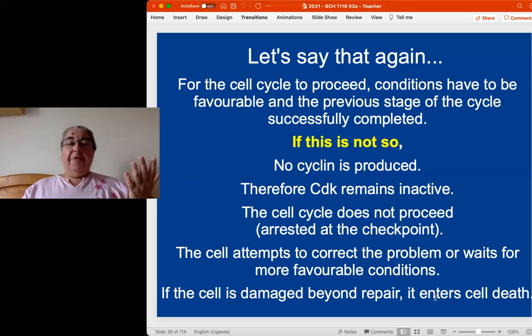If something is very, very wrong with the cell, for instance, if DNA replication has gone very wrong, and some chromosomes have been perhaps even replicated more than once, the cell will then go on to destroy itself. It will enter cell death, and we'll talk about that next time.